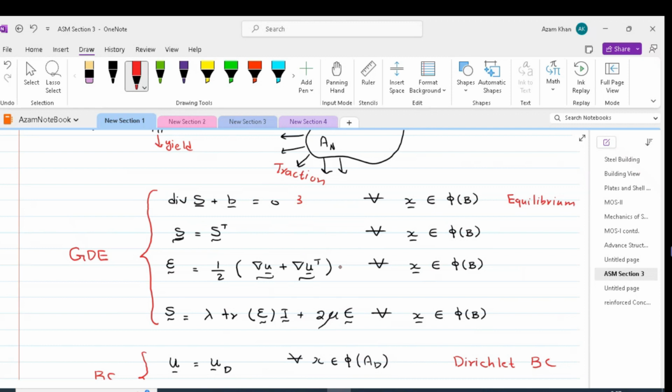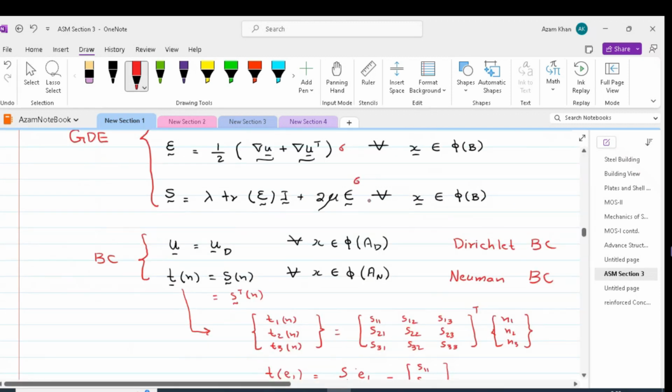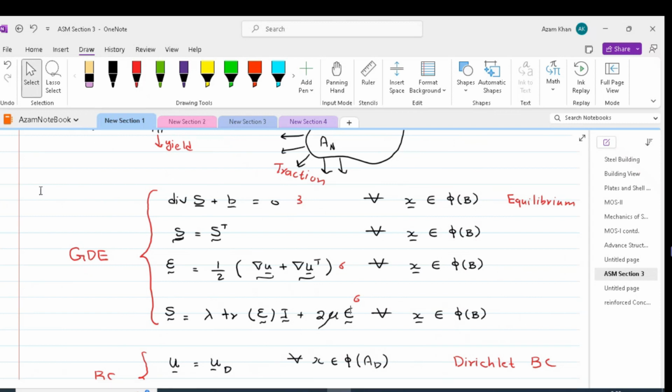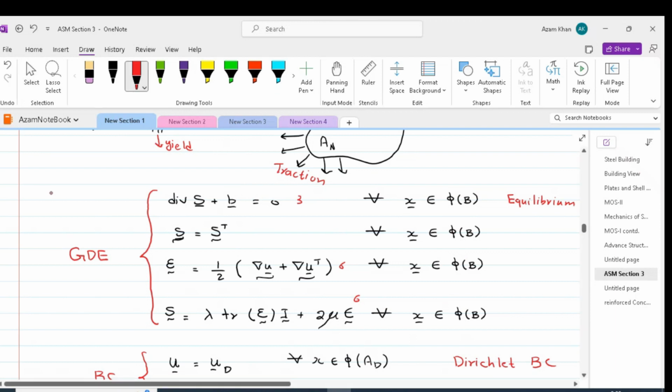We have got 3 equations for this one, 6 equations over here, and 6 equations over here. So altogether we have 6 plus 6, 12, and plus 3, which makes it 15. How many unknowns do we have? We have got 6 stresses unknown, 6 strains unknown, and 3 displacements in x1, x2, and x3 unknown.